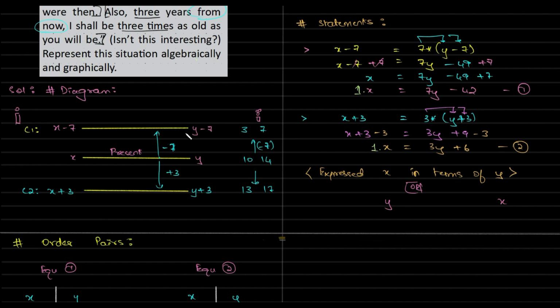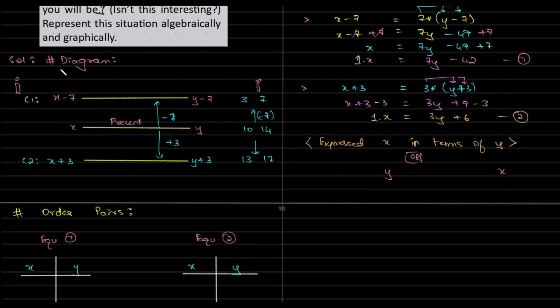Okay, so equation 1, we are looking at x is equal to 7y minus 42. So how do you go about finding these coordinates? All you have to do is substitute a y value so that I can get the x value, or it could have been the other way around, but as of now we have expressed x in terms of y, so that is convenient.